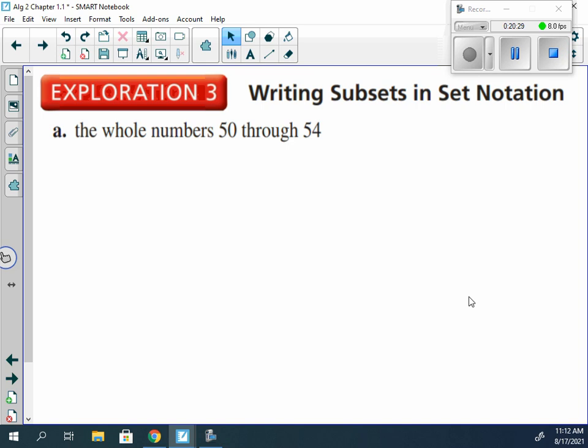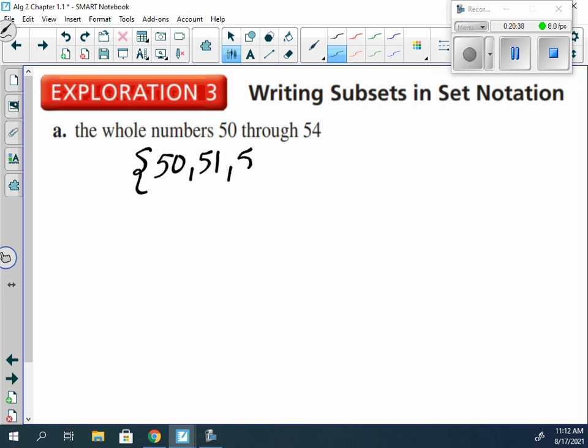Wait, that's 5 numbers. I could do that. Why not just write it as a set? Because it's easy enough to just go brace 50, 51, 52, 53, 54, we're done. That's it. We listed them. If you're able to list them out, we'll list them out in a set.